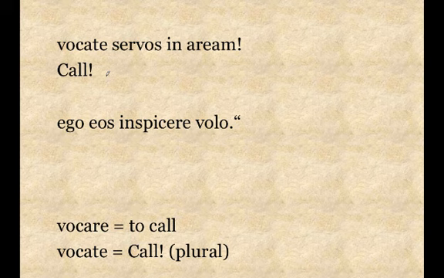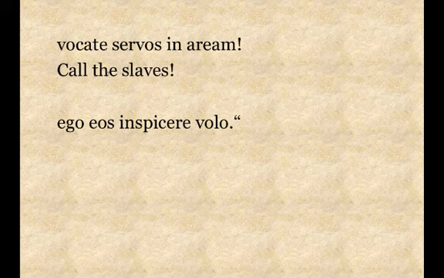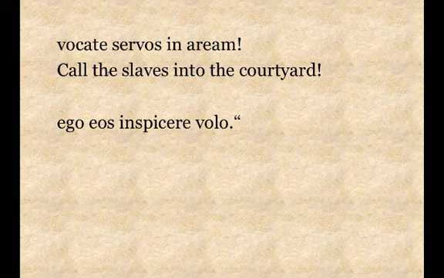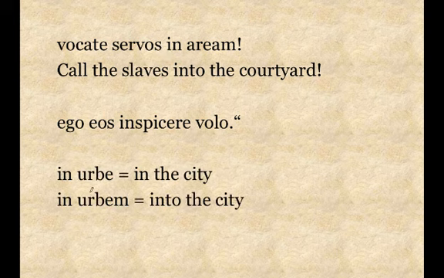Call the slaves into the courtyard. Remember, in means in only when it has ablative. So the ablative form of city is a short e here. So in urbe, in the city. Accusative after in means into. In urbem, into the city. So call the slaves into the courtyard.